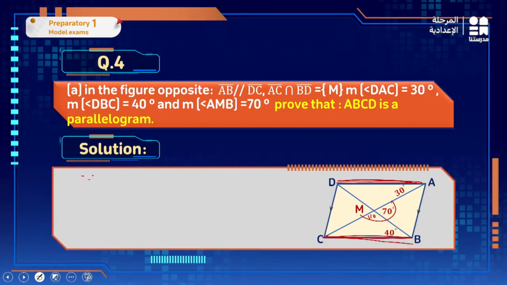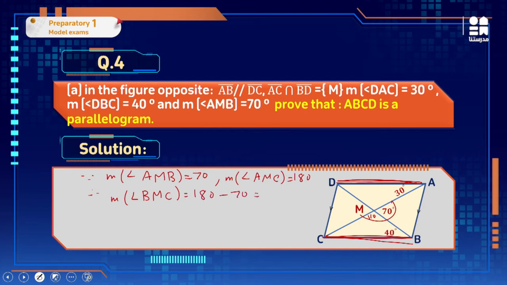Since the measurement of angle AMB equals 70, which is given here, and the measurement of angle AMC equals 180, therefore the measurement of angle BMC equals 180 minus 70, which is 110.